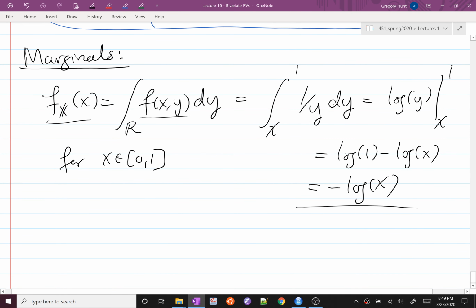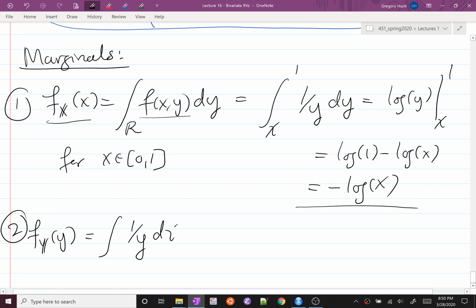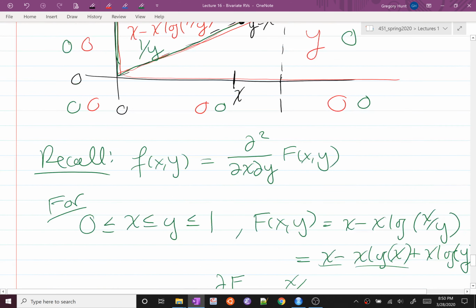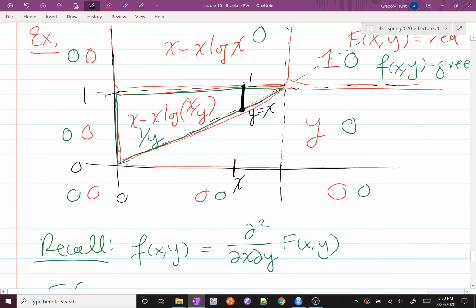Okay, so that's the marginal of x. Let's get the marginal of y. So I'm going to skip some of the formalism here. It's going to be similar, but now I'm integrating with respect to x, and I'm just going to get the boundaries over which I integrate. So if y is between 0 and 1, so maybe y is a value here, I'm integrating this line here, presumably a straight line.